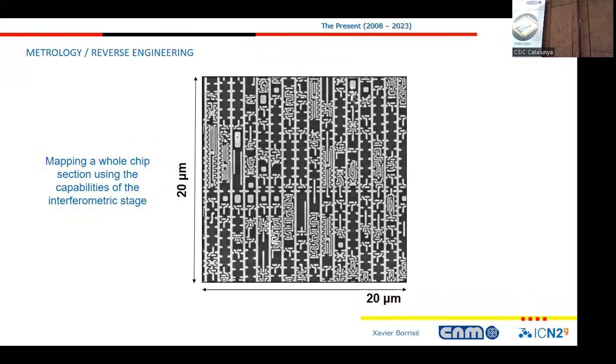But it turns out that because we have a very nice stage and very nice imaging capabilities, we can also do metrology. That means that after our wafer is done, we can put it back, go to the right place and take measurements, or even make large mappings of samples. The people from Reverse are using it quite a lot, for making mappings of chips, which is essential for them.